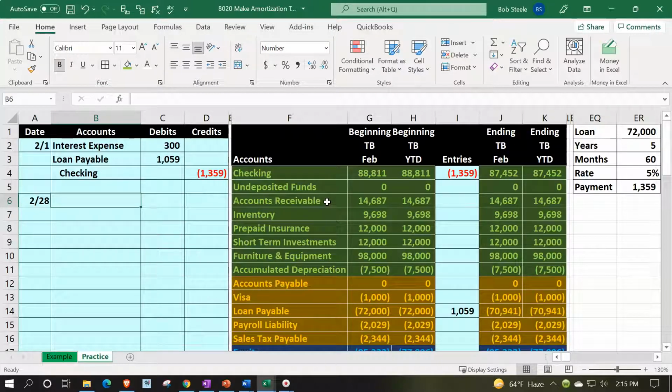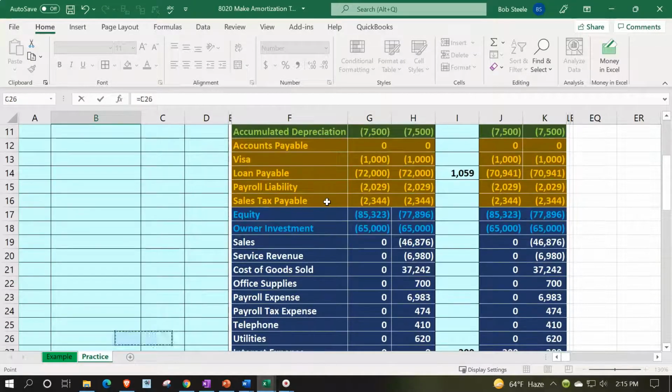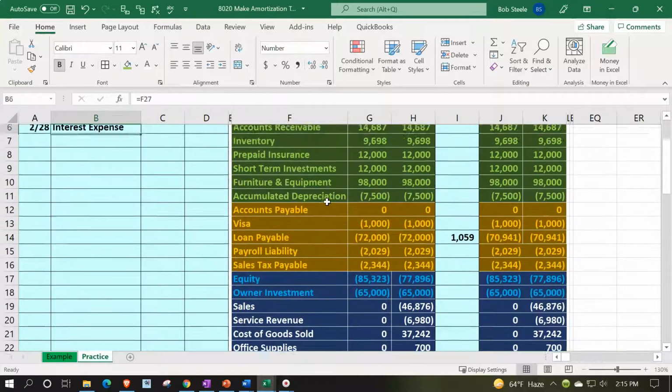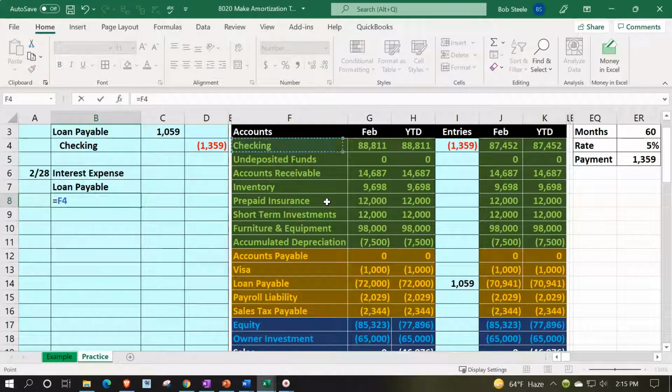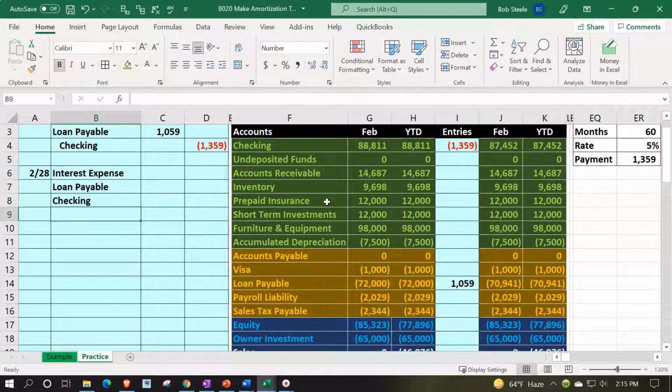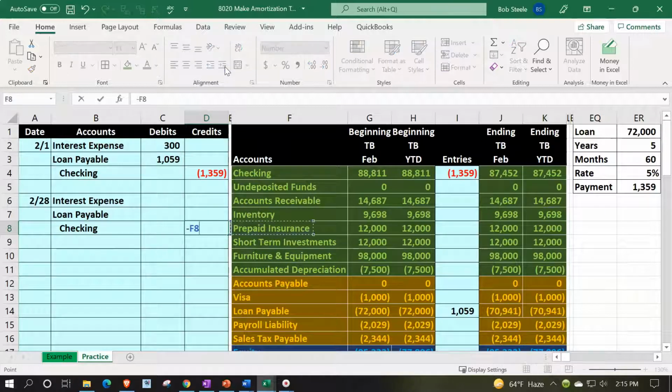So then we're going to go down and we're going to say that this is going to be same transaction down here. Interest expense. And then we got the loan payable again. Loan payable. And then we've got the checking account, but I can't memorize the transaction as you might want to do in something like accounting software. I'm going to indent, because even though the payment's the same, I'm going to say negative of the payment.